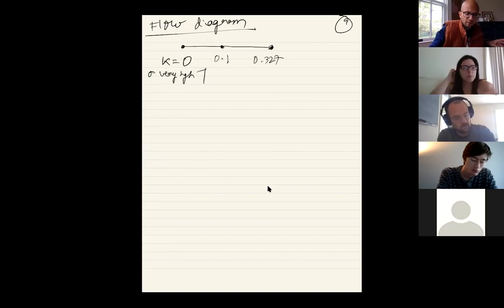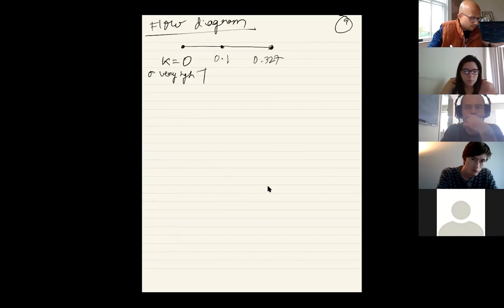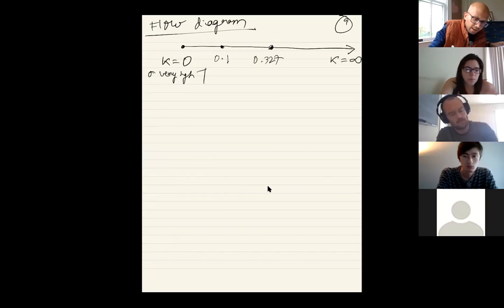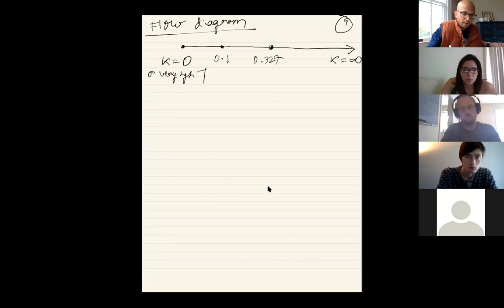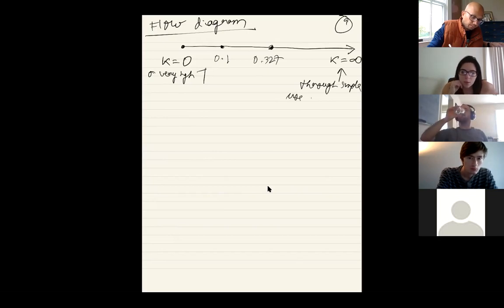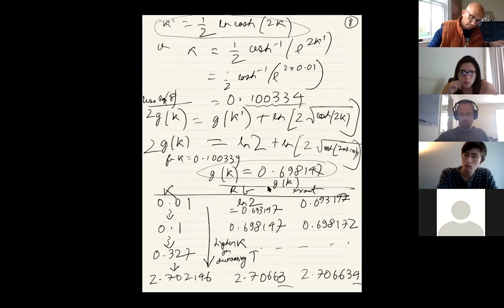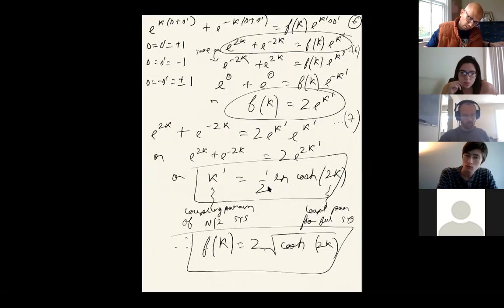And you have to take my word for it. You have to plug in the numbers to see that it actually happens. It's quite easy to do that. And we kept doing this. In 1D, you can keep doing this operation and you will get to any value of K you want. You will reach K equal to infinity. Why? Through simple use of equation 7a.